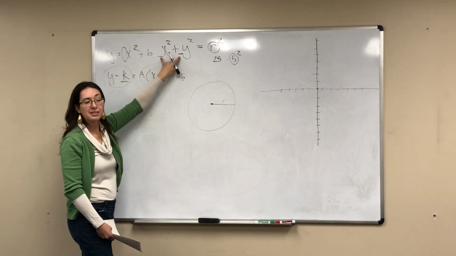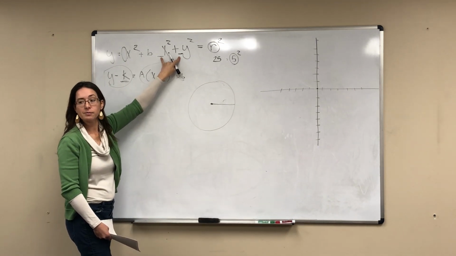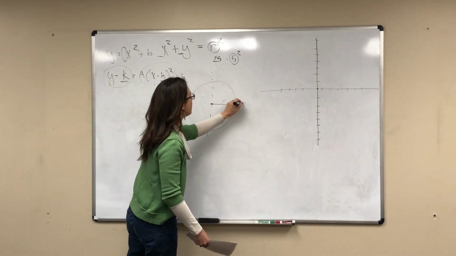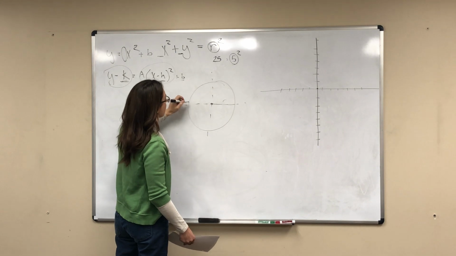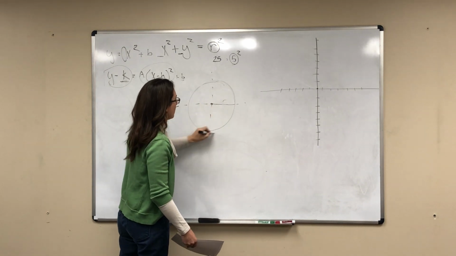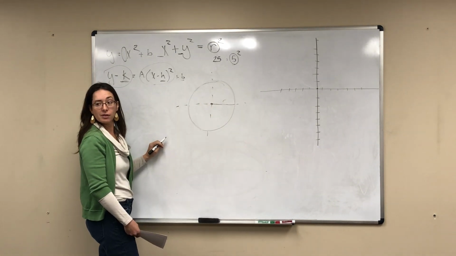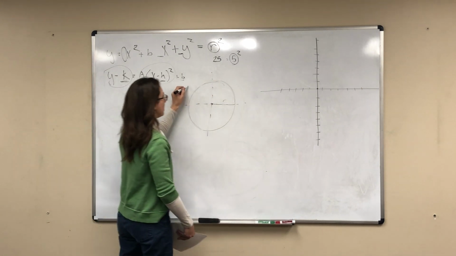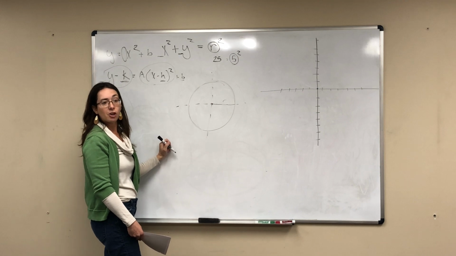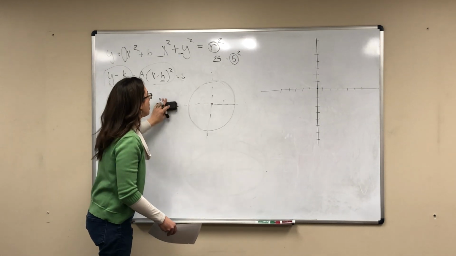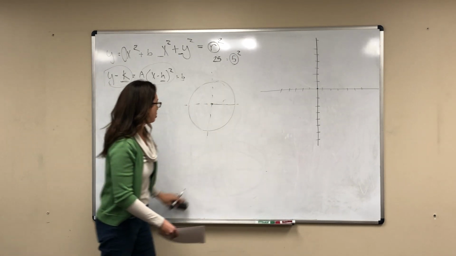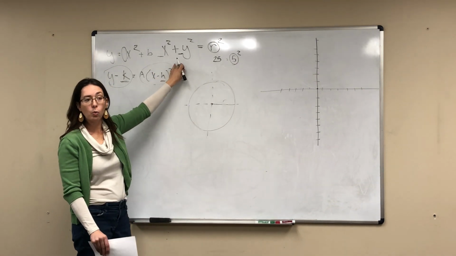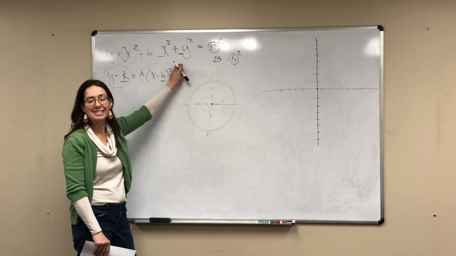Do you think they're going to be the same or are they going to be different? The same. They're going to be the same because no matter how I slice this circle, if I look at the parabolas up and down, they're going to have the same curvature. If I look at the parabolas left and right, they're going to have the same curvature. So for a circle, the coefficients of your x squared and your y squared must be exactly the same.